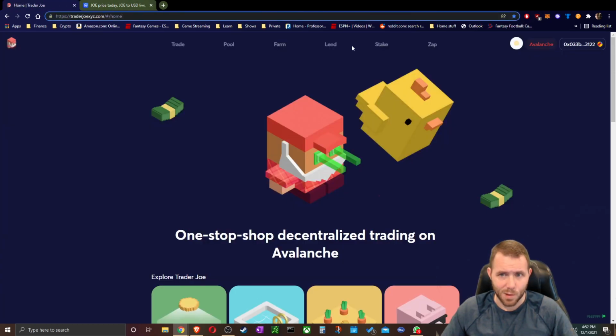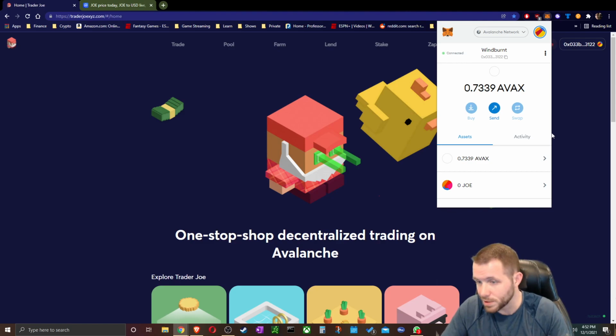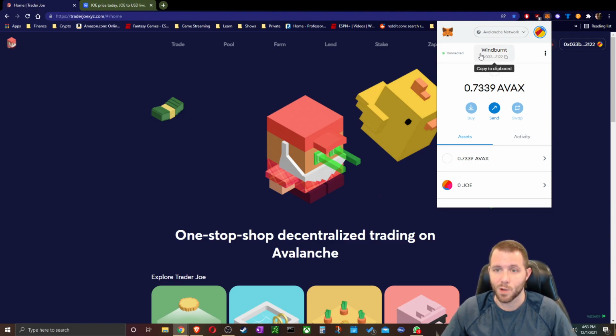And the same goes if you need to know how to get AVAX tokens into your MetaMask. You essentially have to put US dollars, or whatever currency you're used to trading with, into an exchange, buy some sort of cryptocurrency, and either swap it, but eventually send it to your Avalanche network wallet.